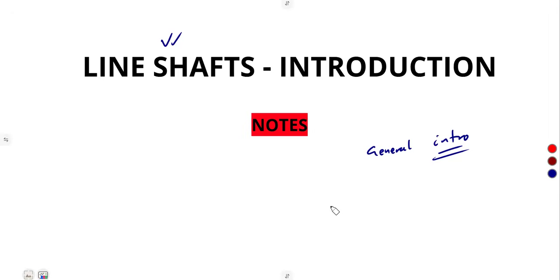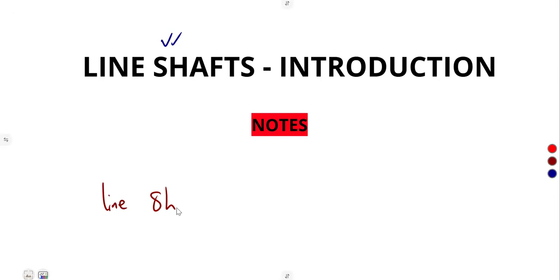So basically it's not about the membership, it's all about the class that we are focused on, which is of the line shafts. As the basic introduction, line shafts are rotating members.